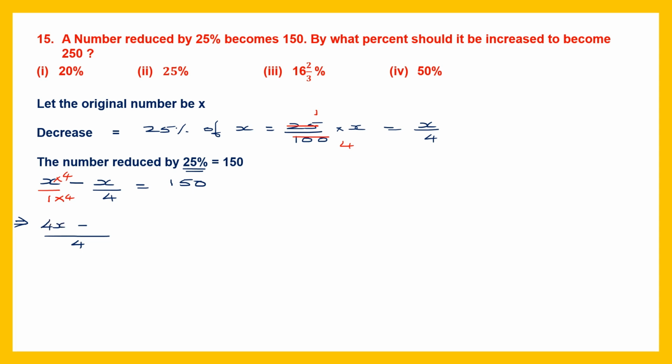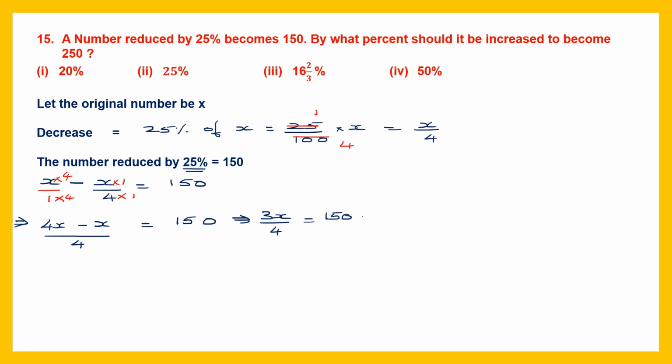And here, since 4 is the same, 4 ones are 4, this is also multiplied by 1. x into 1 is x, and this is equal to 150. So now let's simplify this. 4x minus x is 3x. 3x by 4 is 150. So 3x by 4 is equal to 150.